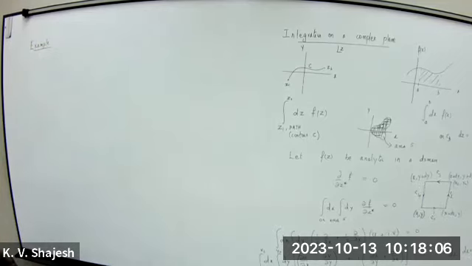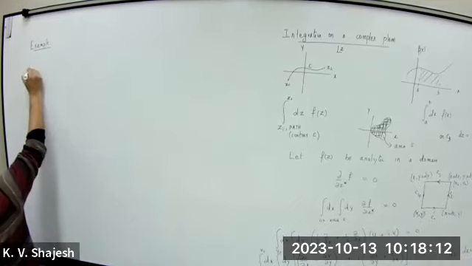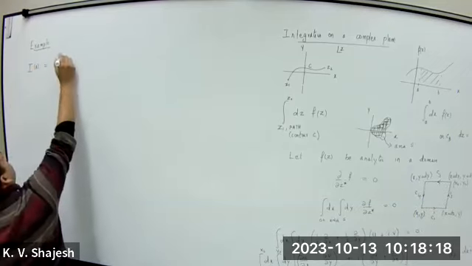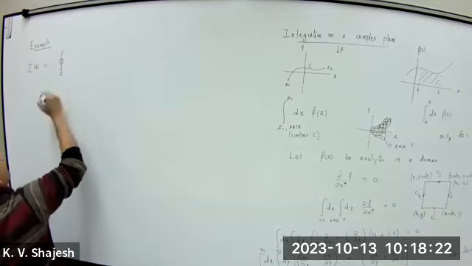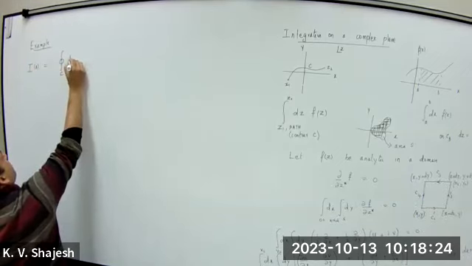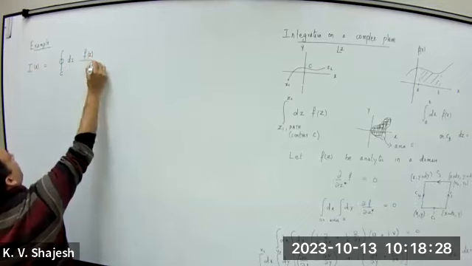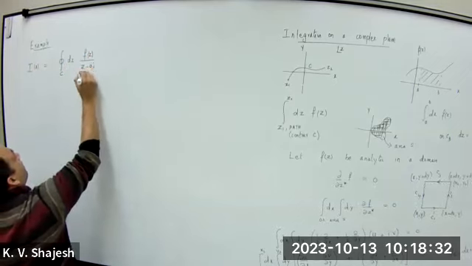Okay, so let's try to evaluate. So there is an integral I of a, and that's equal to, there is a closed contour C, the integral of f of z divided by z minus a, dz.